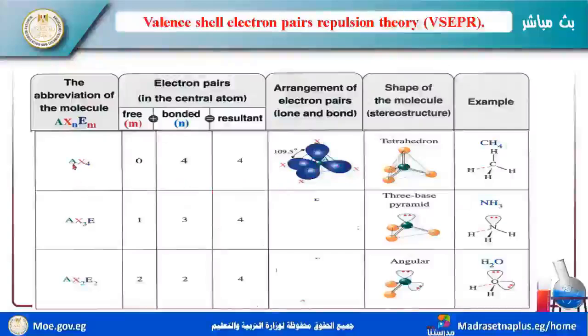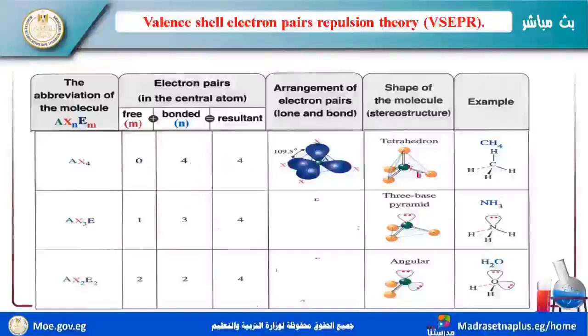Because A is the central atom, X is bonded, and 4 is the number of atoms related with A. Lone pairs are 0, 4 bonded, total equals 4.